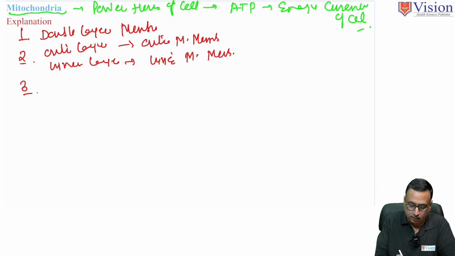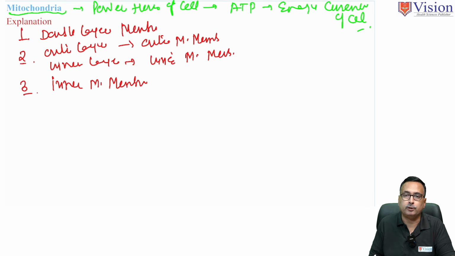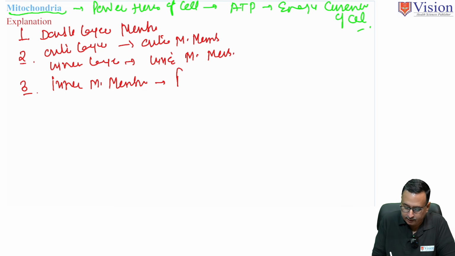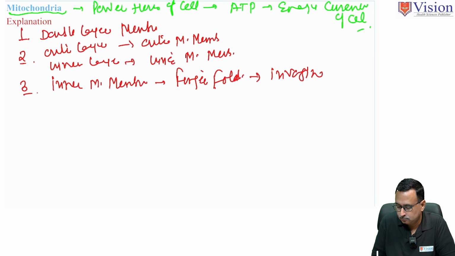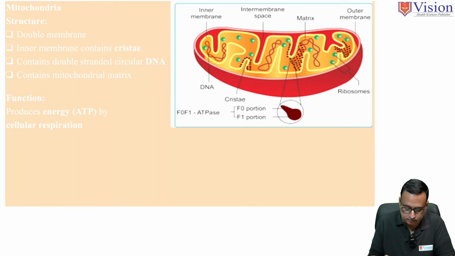Third point, the inner mitochondrial membrane is thrown into finger-like folds we call invaginations. These finger-like folds are called cristae.